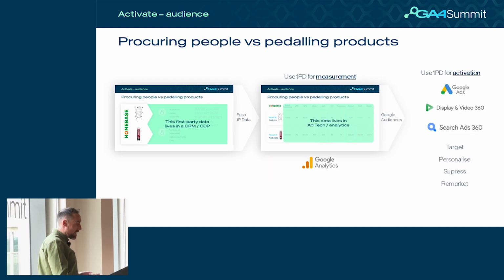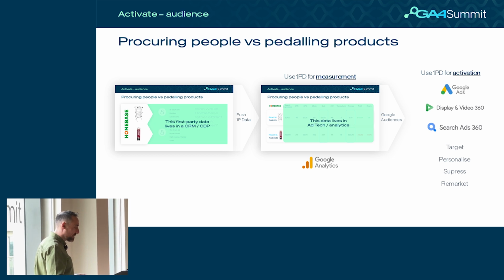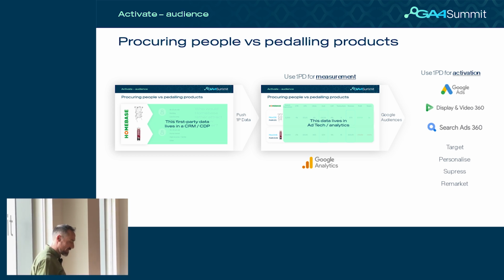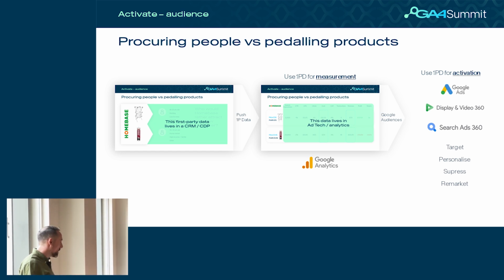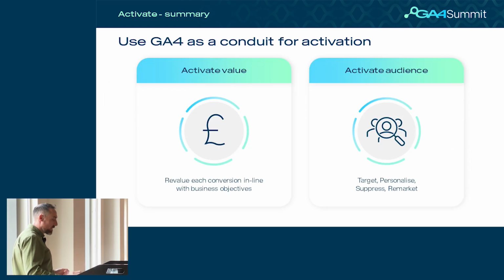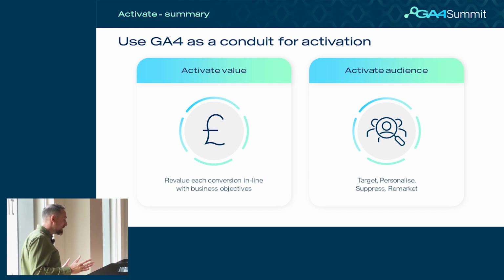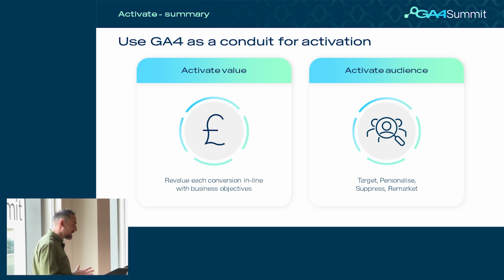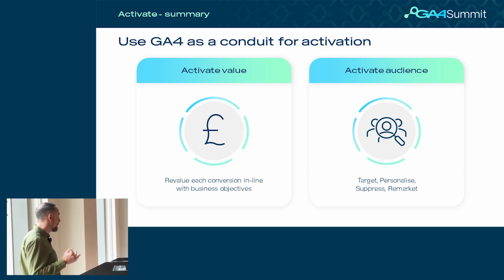And then secondly, like I said, we can use the power of the Google audiences and share that for those items that I talked about previously in all the Google ad tech. So to summarize that section, it's two things.